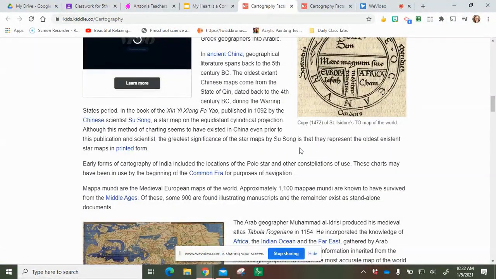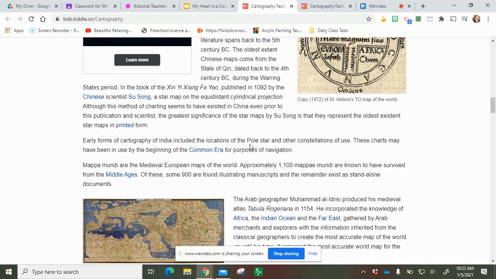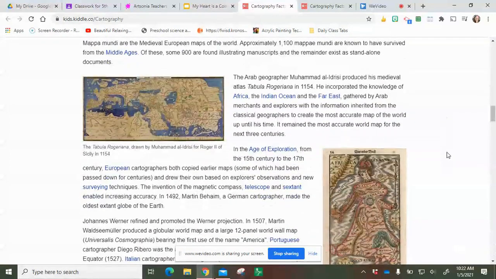And then you have some cartography that included the North Star and other constellations, so a map of the sky. And then right about the Middle Ages, you have people who are actually trying to do maps of the world, of the known countries.